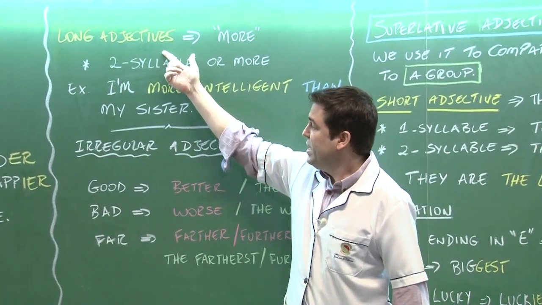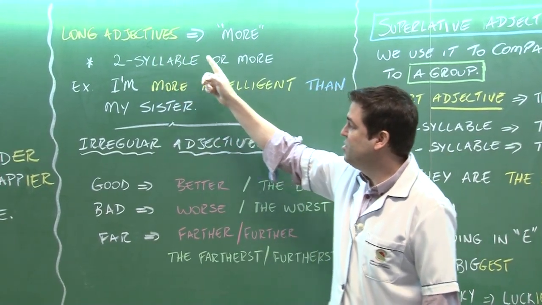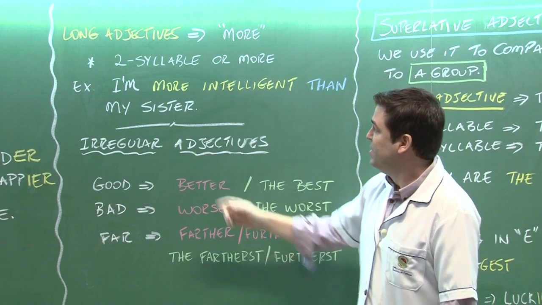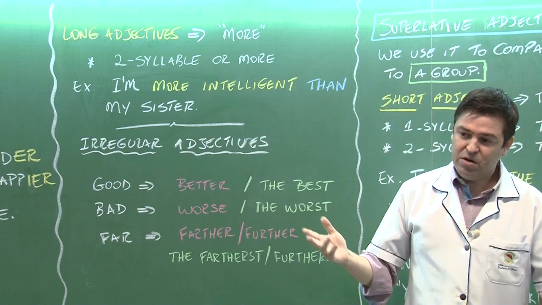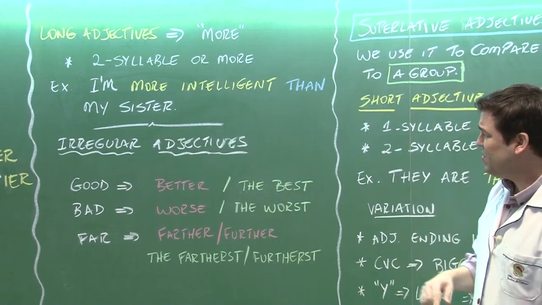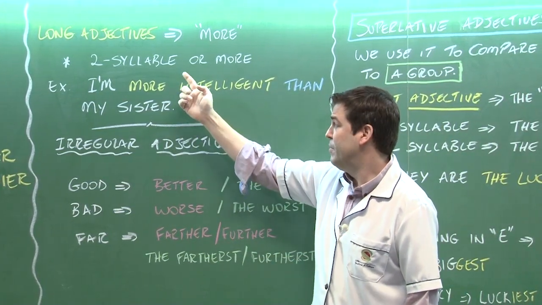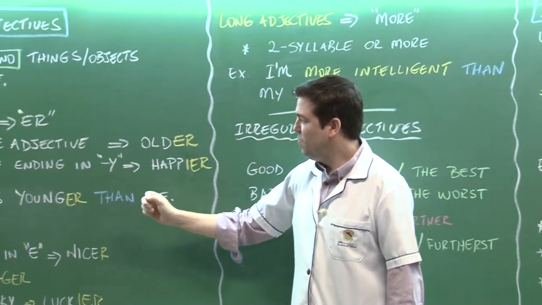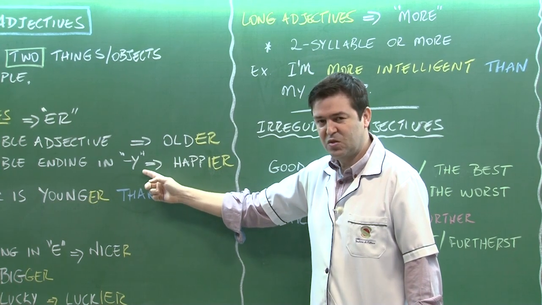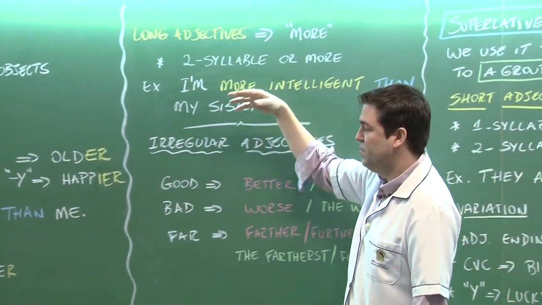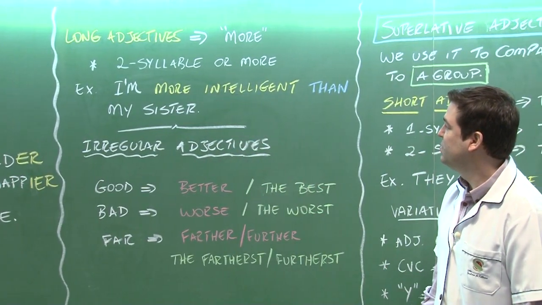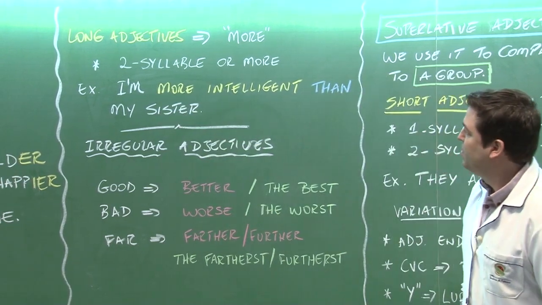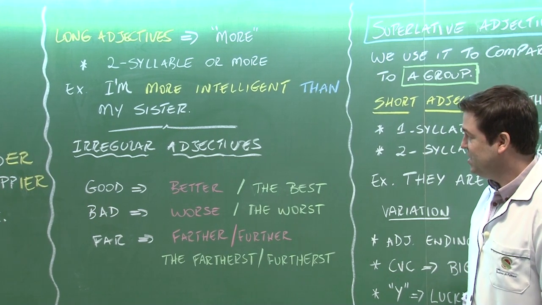As I mentioned, we also have long adjectives that use the word more to compare. So two syllables or more. Remember, two syllables not including the ones with Y. So, an example here: I'm more intelligent than my sister, right?